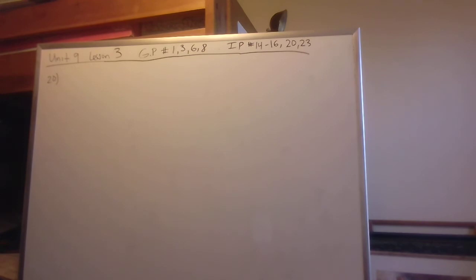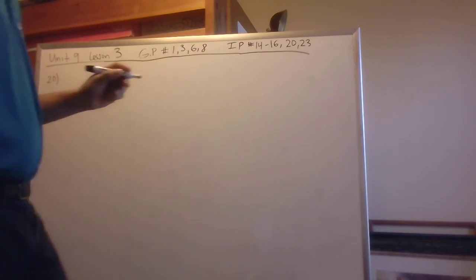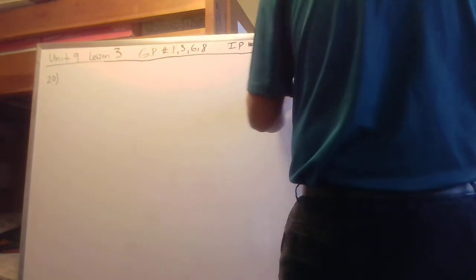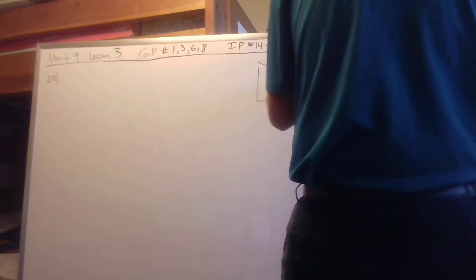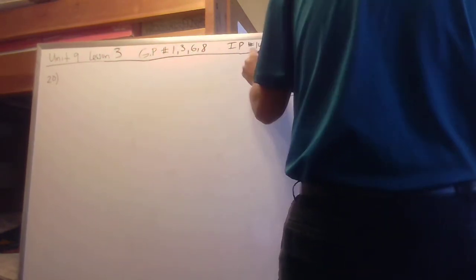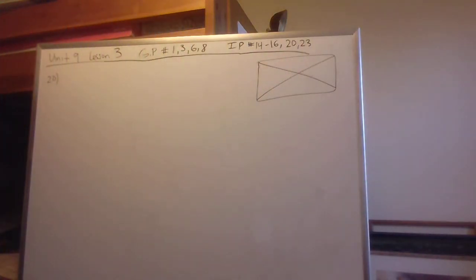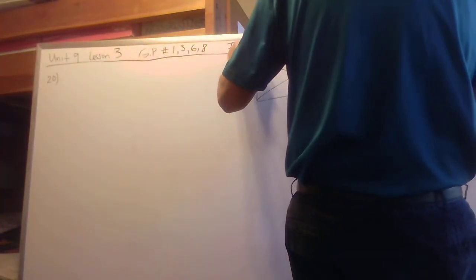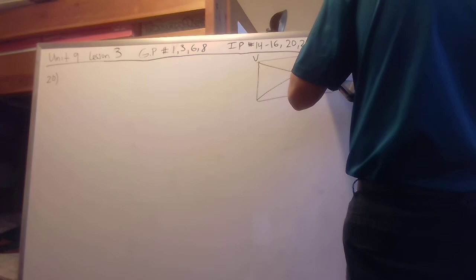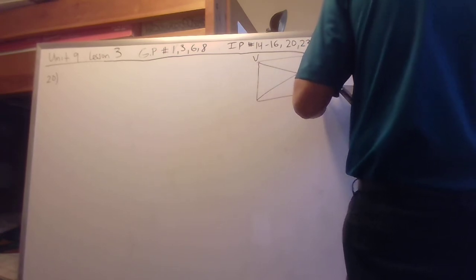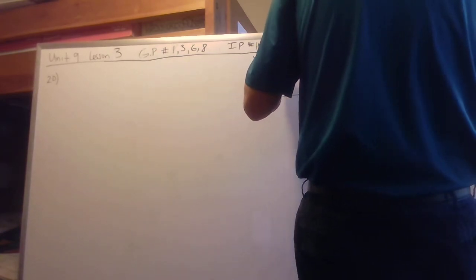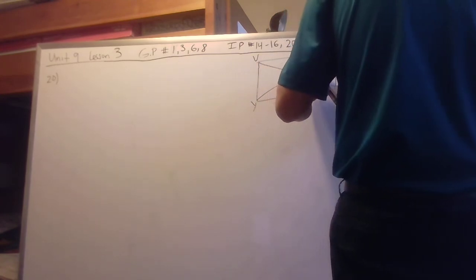And essentially, we have a rectangle labeled V, W, X, and Y, and Z is right here.